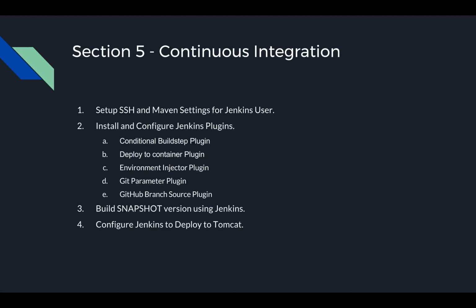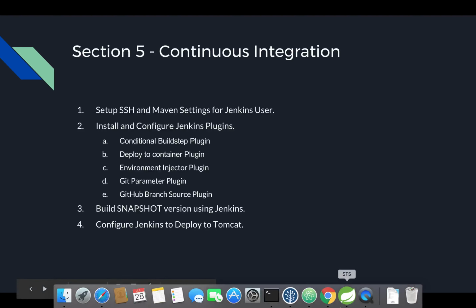And the second aspect of it is we need the Jenkins user to be able to push the artifacts to the artifactory, right? So we need to set up the Maven settings for Jenkins as well. So let's start with the SSH, and we'll follow the same procedure of what we did with the regular user account. We'll do the same thing with the Jenkins user.